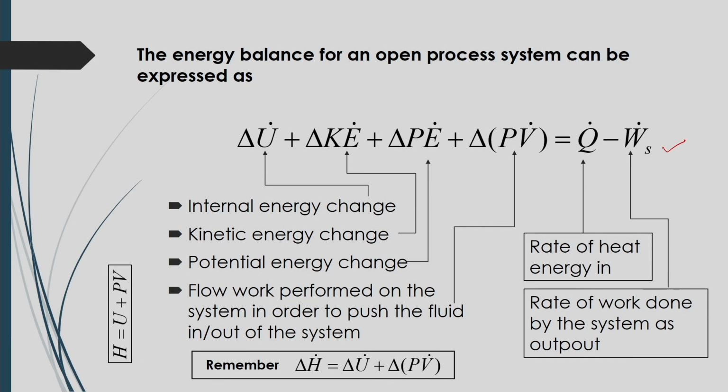Q dot is the rate of heat energy into the system, and W S dot is the rate of work done by the system as output.